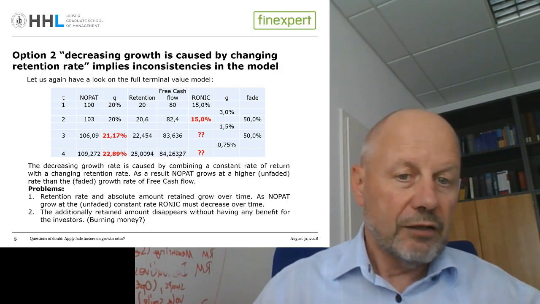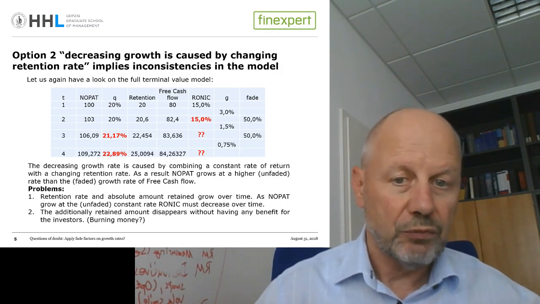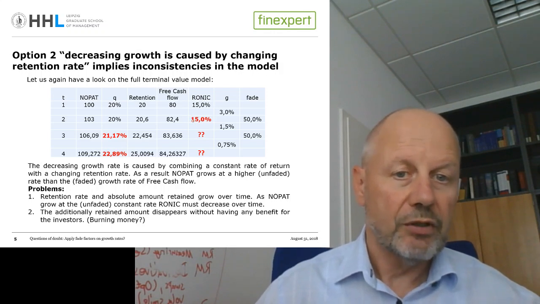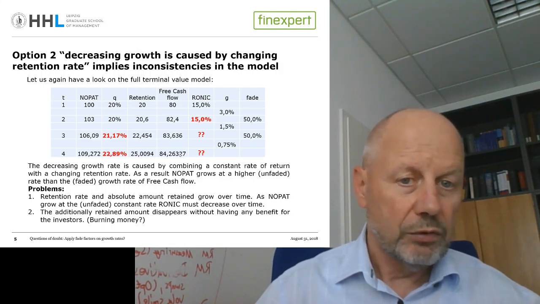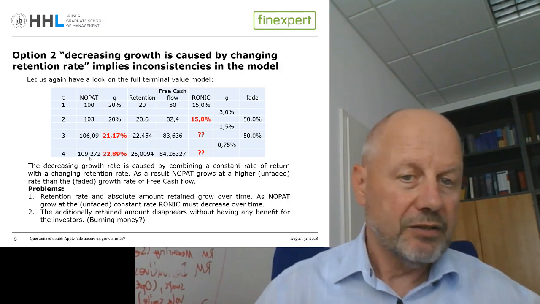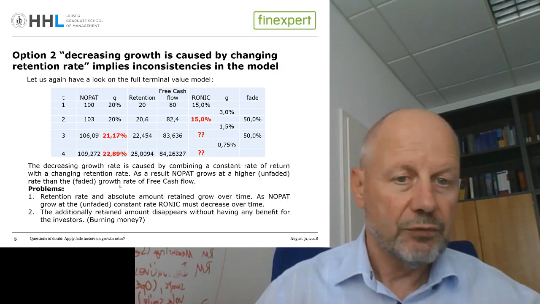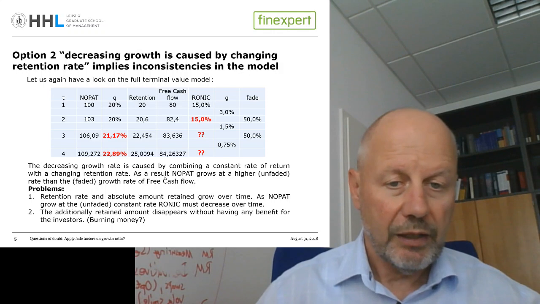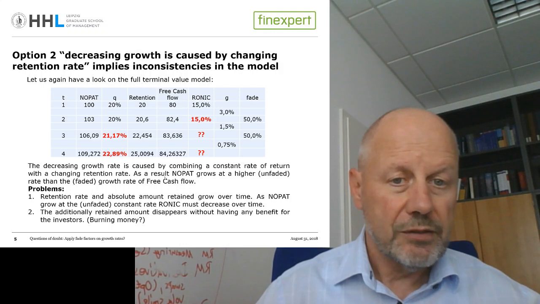And that means that we simply assume that we somehow burn the money, the increasing gap between NOPAT and free cash flow, because at some point in time, our free cash flow will not grow anymore, perhaps after 10 or 15 years, whereas still our NOPAT is growing, and that means that we somehow burn the money. It will disappear somewhere. And this is, of course, not very reasonable as an assumption. So the second option also yields flawed calculations and inconsistent valuation models.